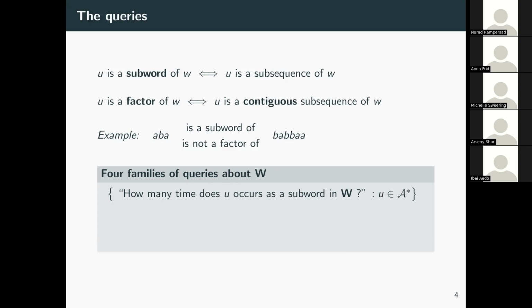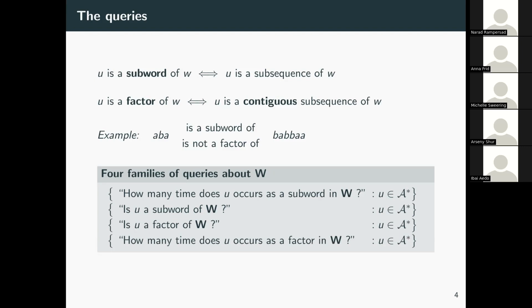A second family is, instead of asking the exact number of occurrences of U inside of W, I could ask: is there at least one occurrence of U inside W? Now, I could ask the same thing for factors. So is U a factor of W? And finally, I could ask how many occurrences of U as a factor there are inside W.